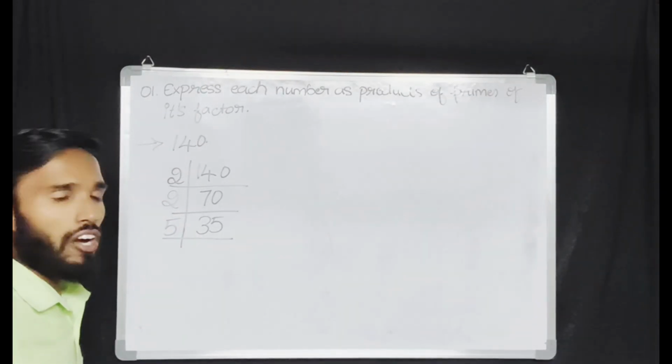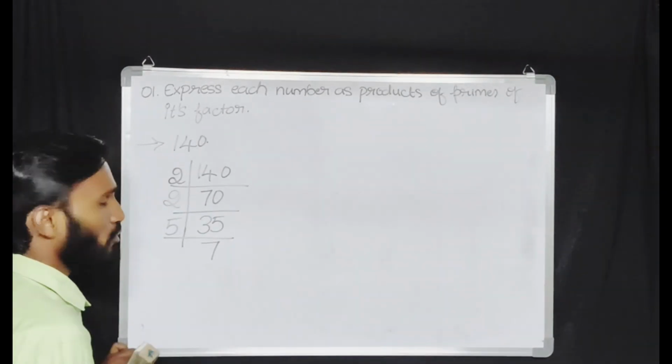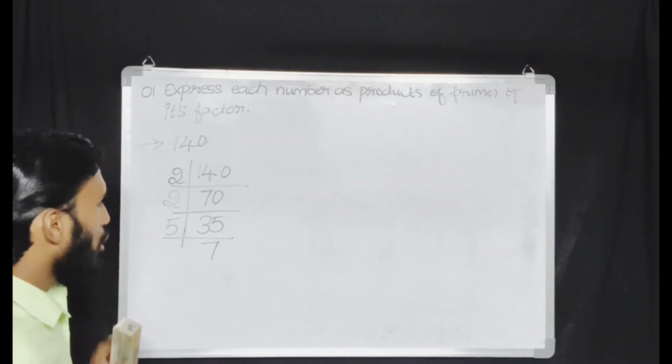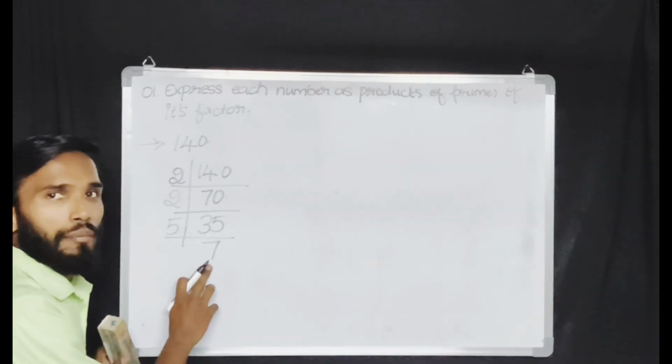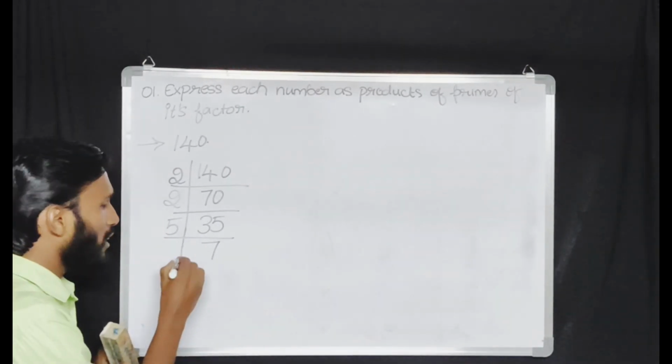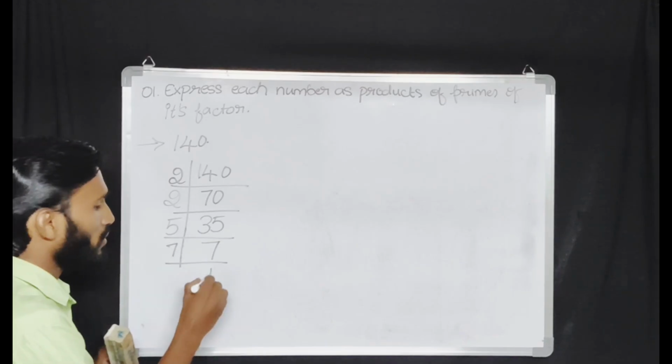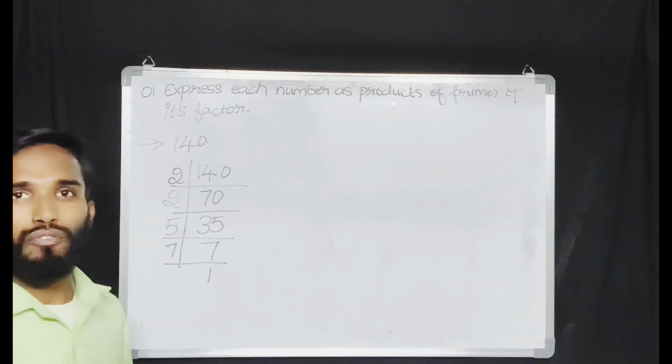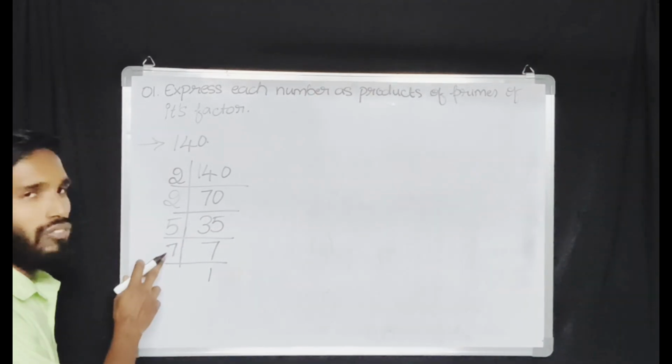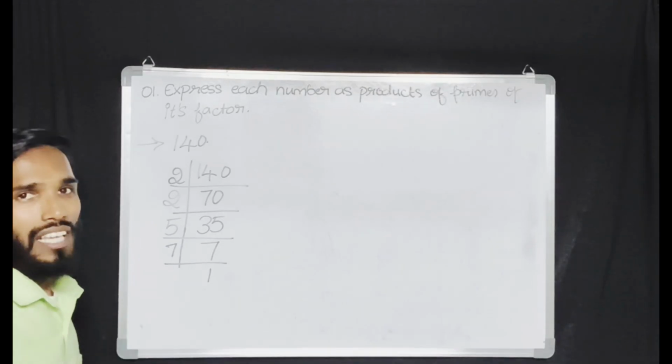In the 5 table, 35 is 7 times. If you observe, 7 is a prime number, having only 1 as its factor or else itself, 7. Now this is one method.